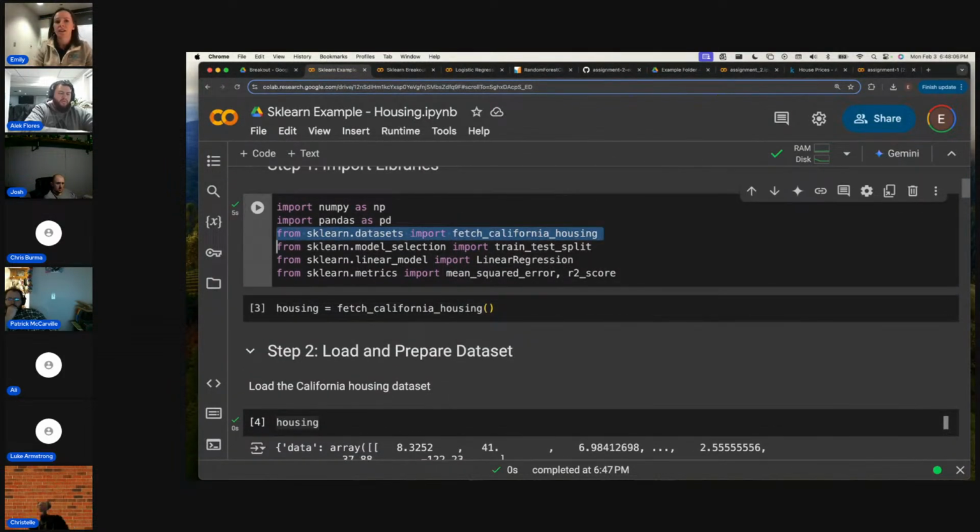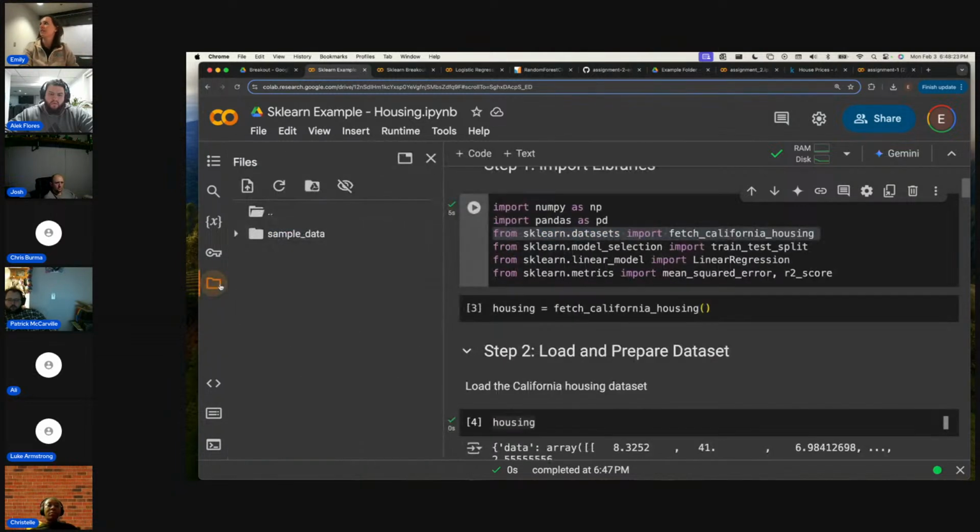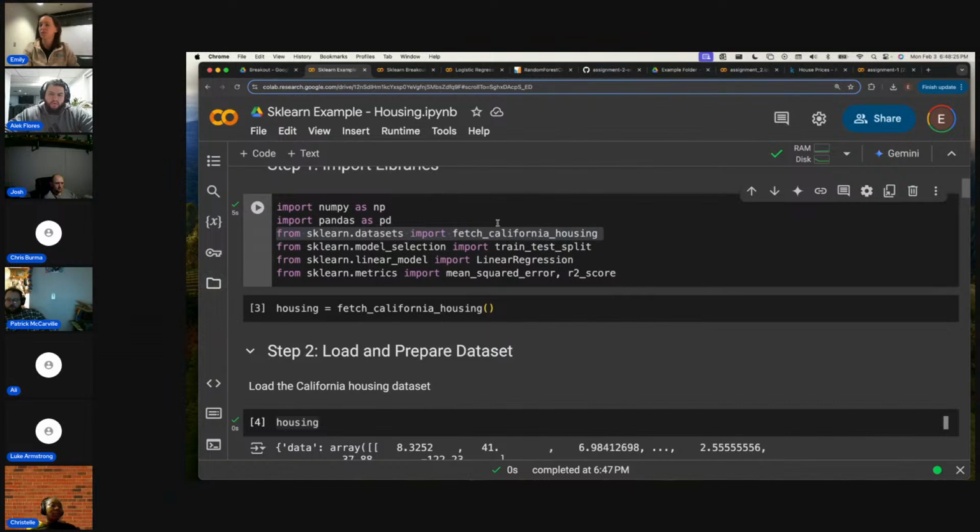What's great about sklearn and pandas and some of these other packages is they actually have toy data sets built into the packages, that file structure I was showing you at the beginning of class, that we can actually just load without us even having to drop into this folder here and upload the data into a location our machine can find it.